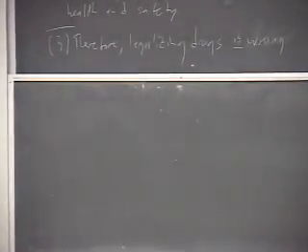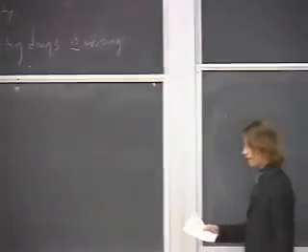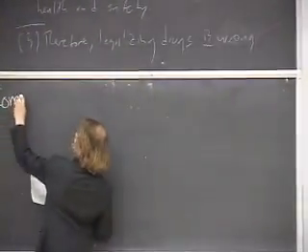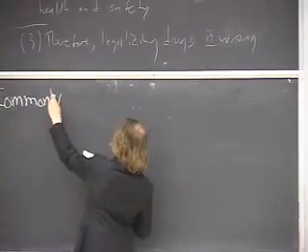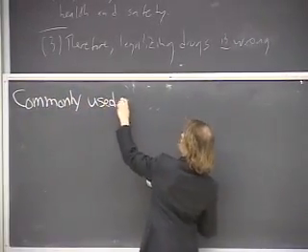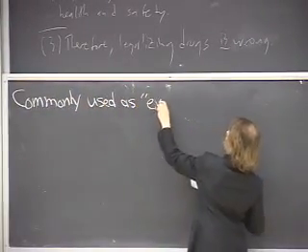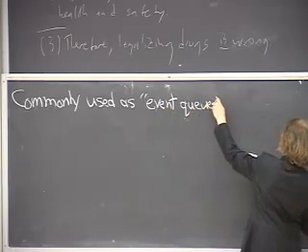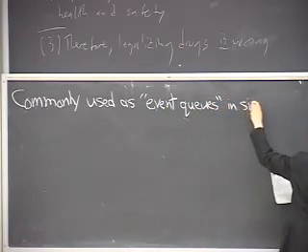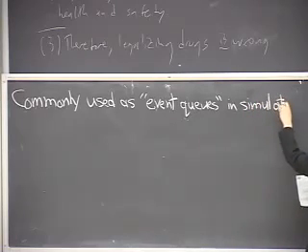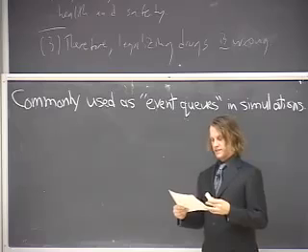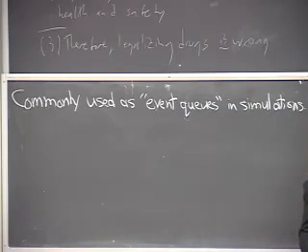A good question you could ask is, why does it do this? And what these are used most commonly for is as event queues. And the idea is that there's a bunch of entries on the queue.